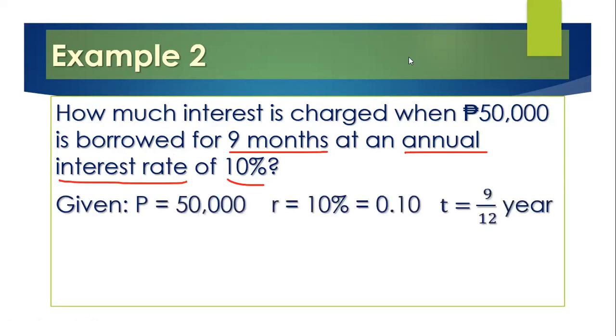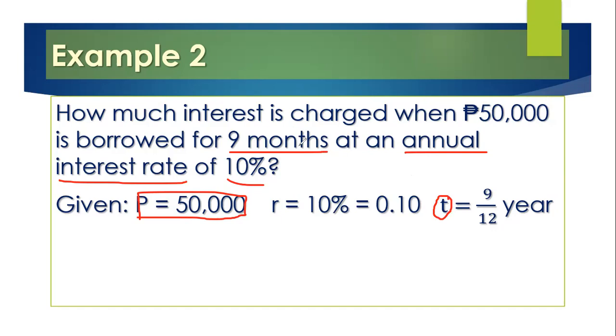Okay? So for our given, P is equal to 50,000, since yun yung inutang or hiniram sa unang at the start. So R is 10%, which is equal to 0.10. So T is equal to 9/12 years. So T is in years. Lagi po kasing in years tong T, no?